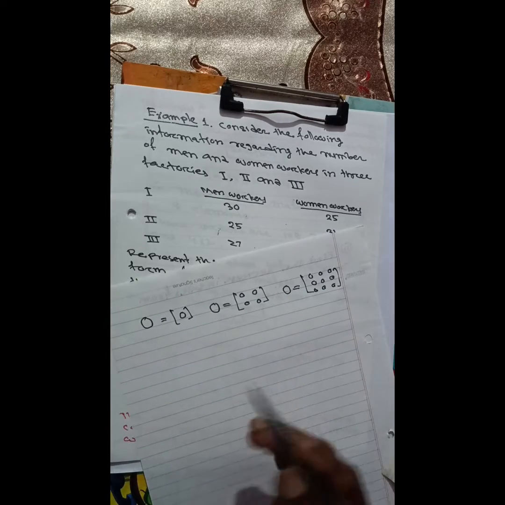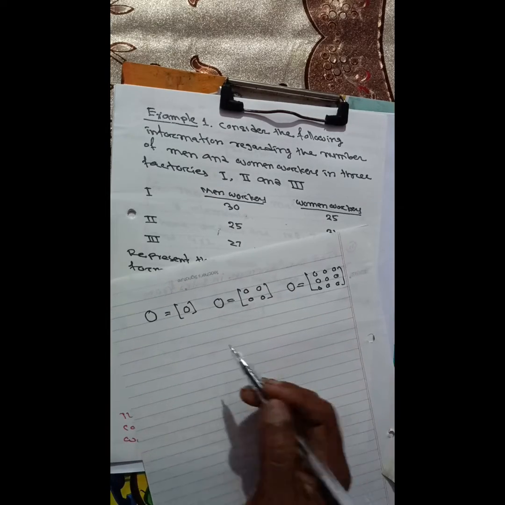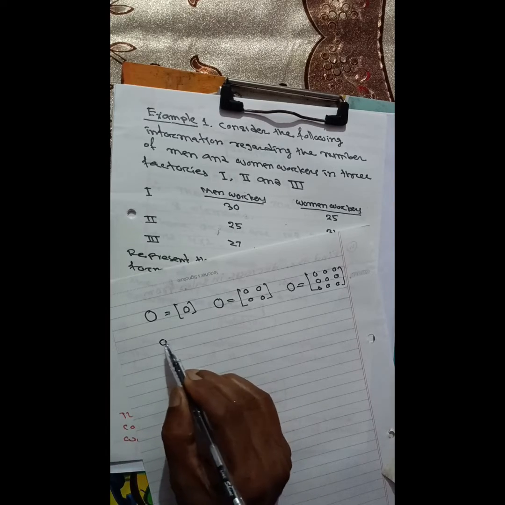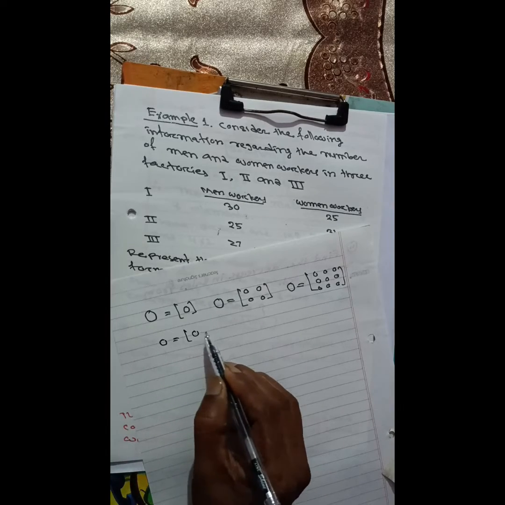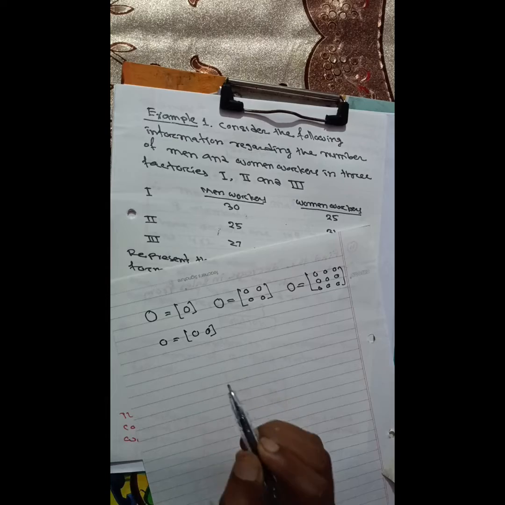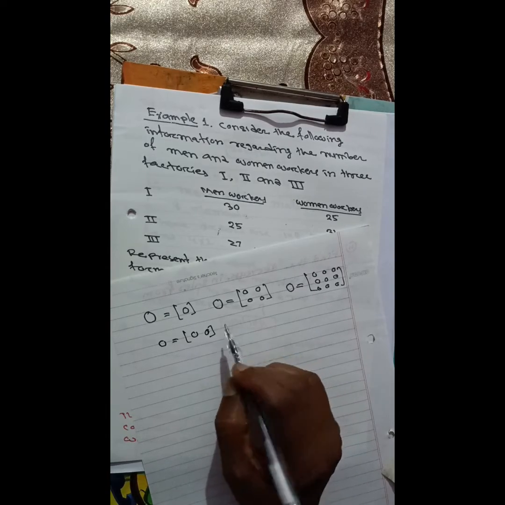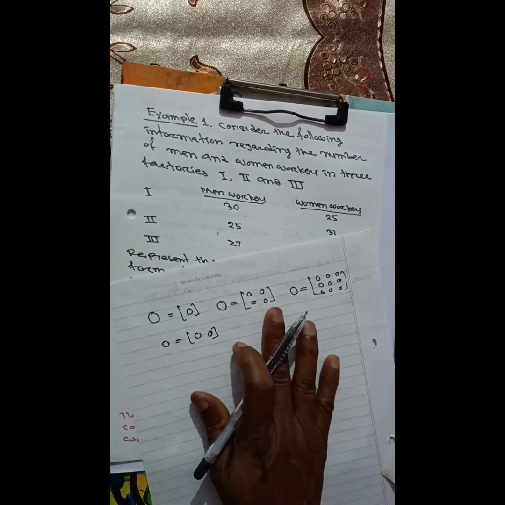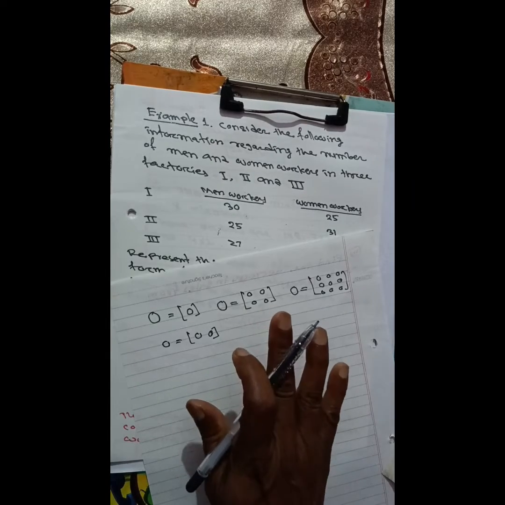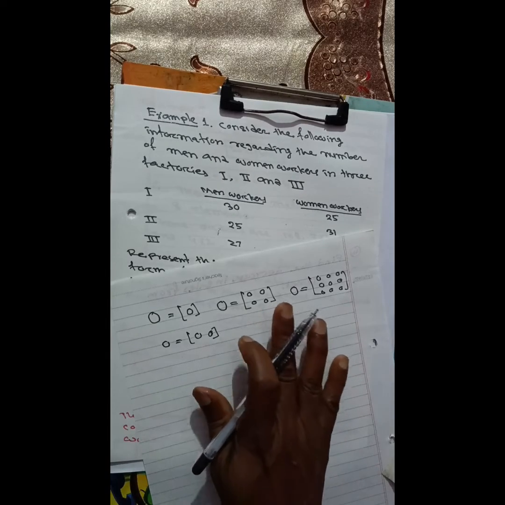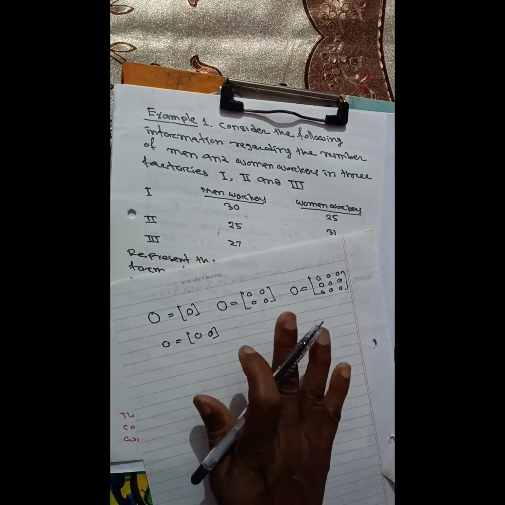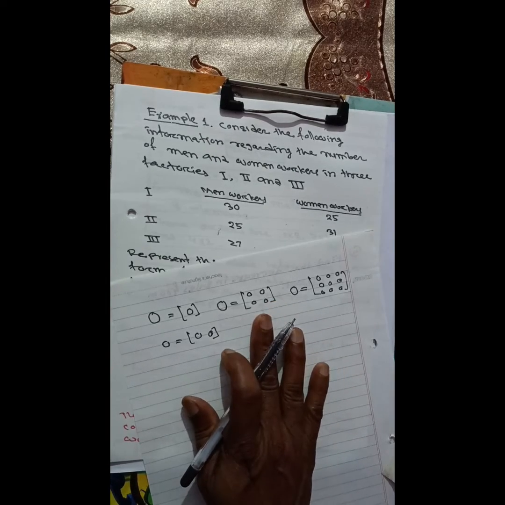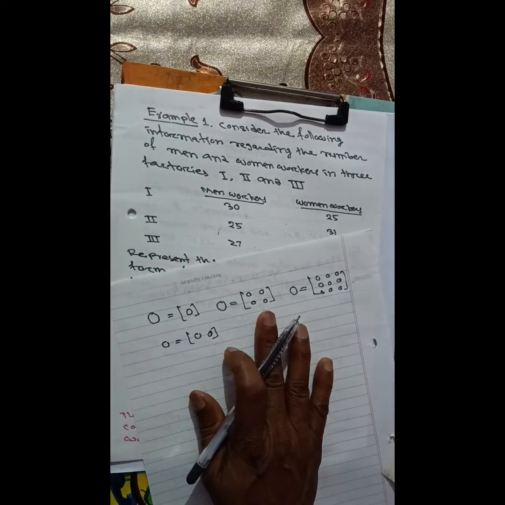This zero matrix is also a scalar matrix. A zero matrix can also be a rectangular matrix. That means a zero matrix is not only a square matrix. It may be a square matrix or it may be a rectangular matrix.